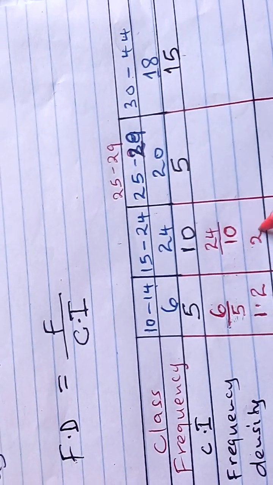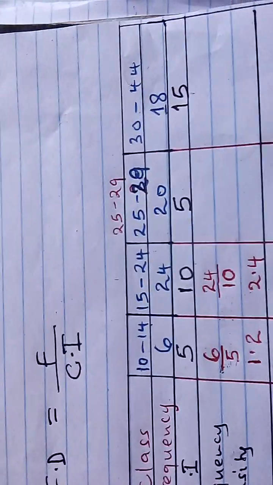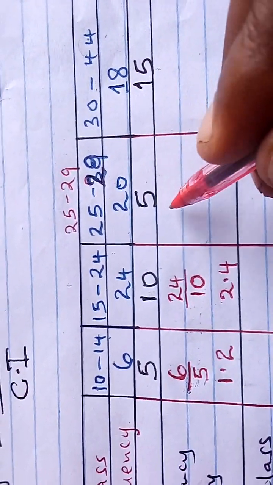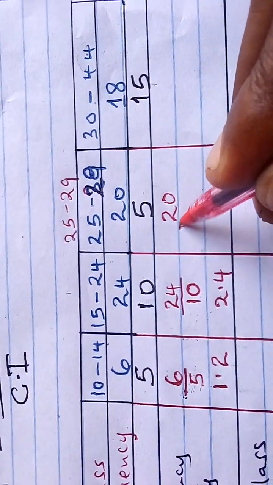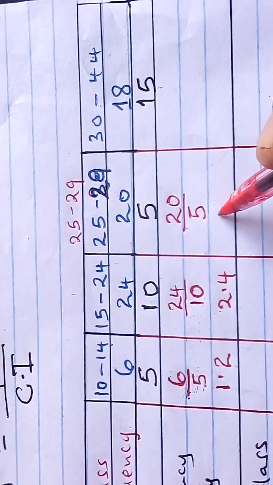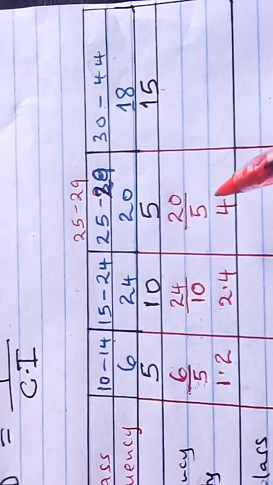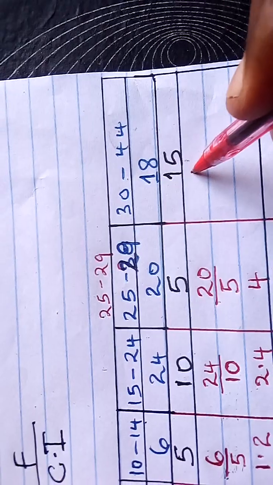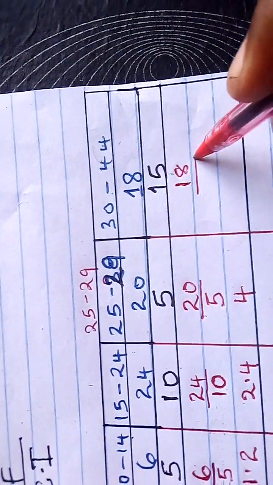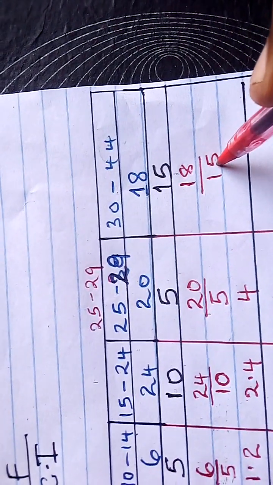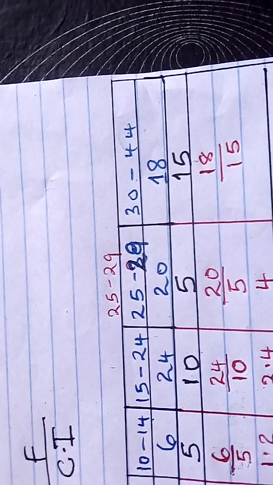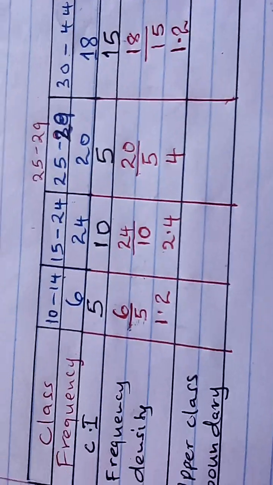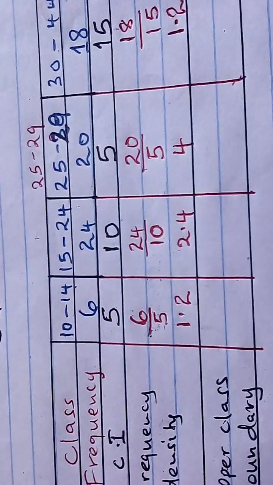This is giving us 2.4. Then next we have 20 over the class interval, that is giving us 4. Then lastly the frequency is 18 divided by 15. So 18 divided by 15 is giving us 1.2. So that is what we have.